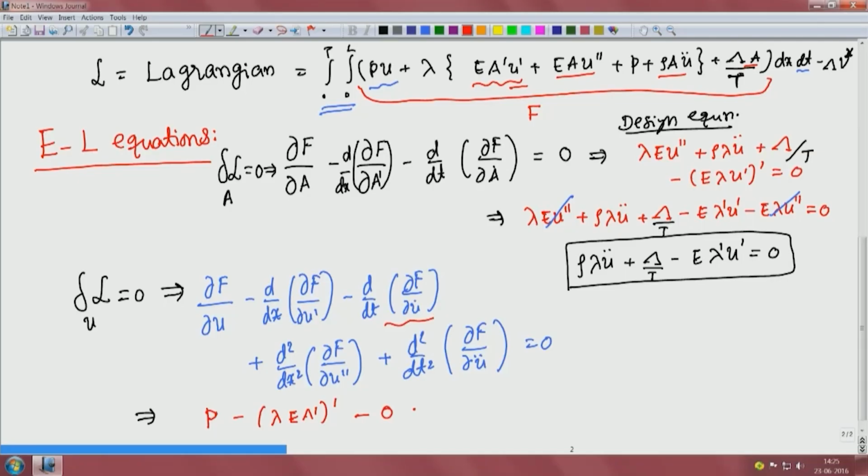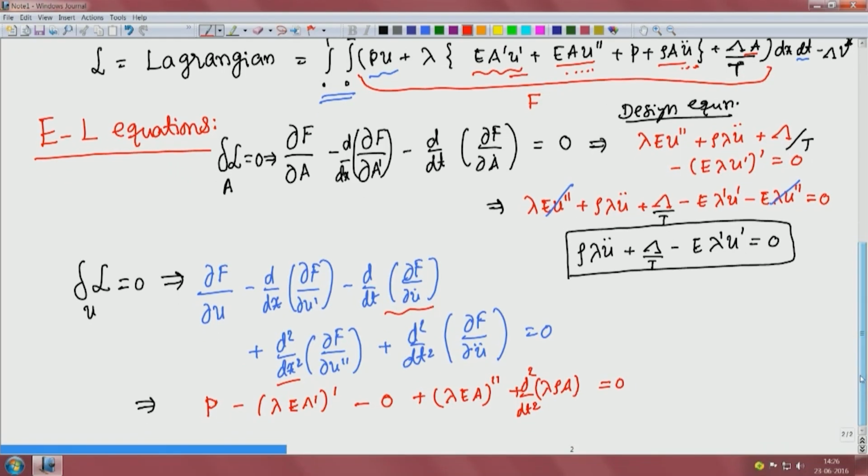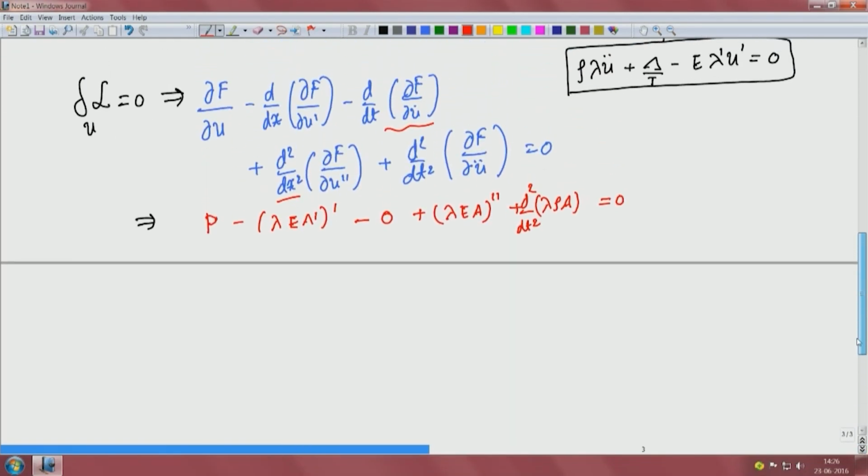And then we have the next one, u double prime is over here. So, that will give us lambda e a double prime, because we have d square by dx square, plus we have the double dot term, that will be lambda rho a, but this will be double dot, meaning d square by dt square, okay, that is equal to 0.